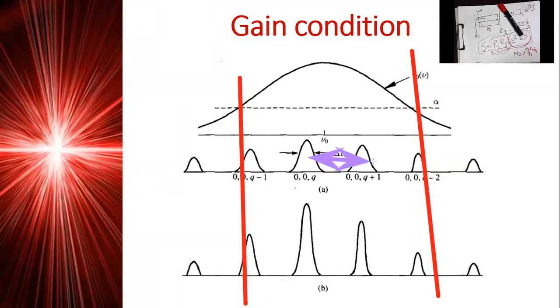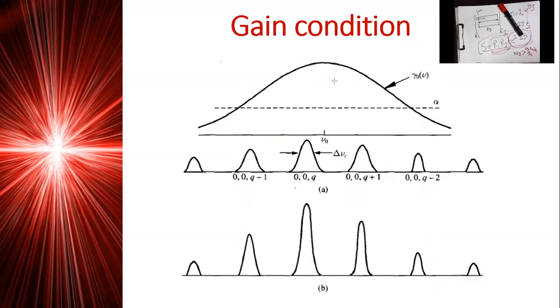Either increase your free spectral range, which is the range between two successive resonances, so that you kick out this resonance outside the amplification zone, and have only one resonance inside the amplification zone. Then your optical cavity will turn into a monochromatic cavity because you have a single resonance inside the cavity.